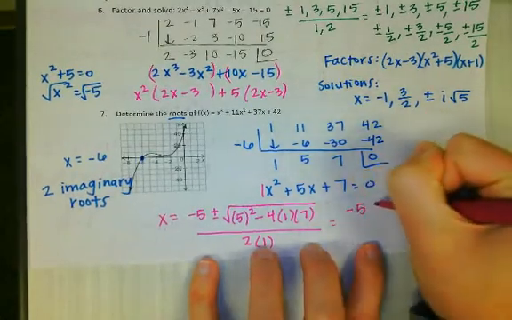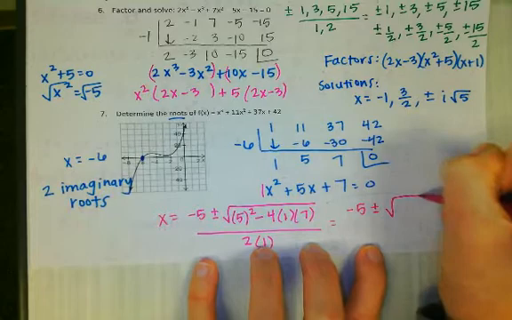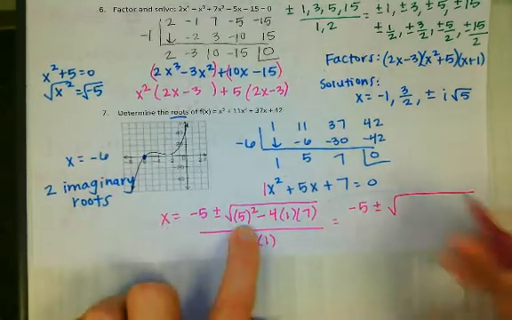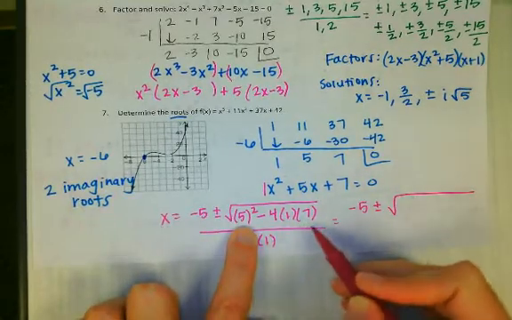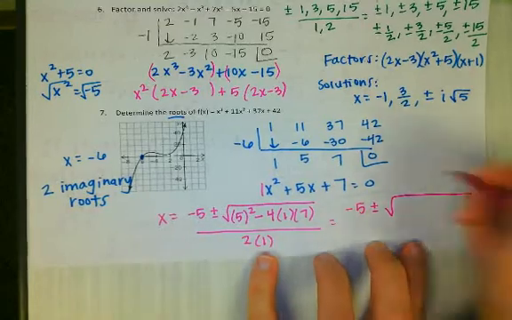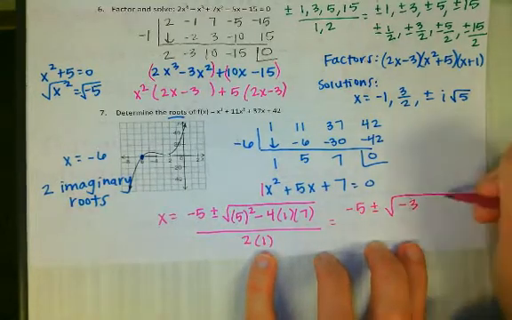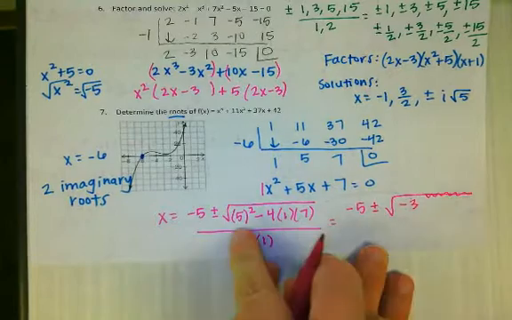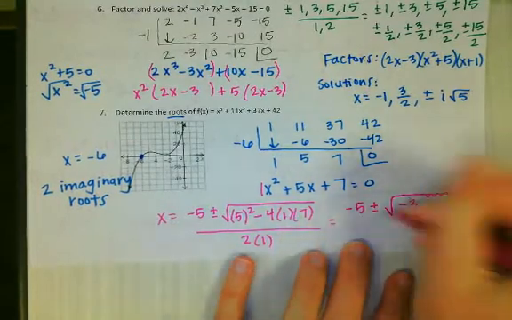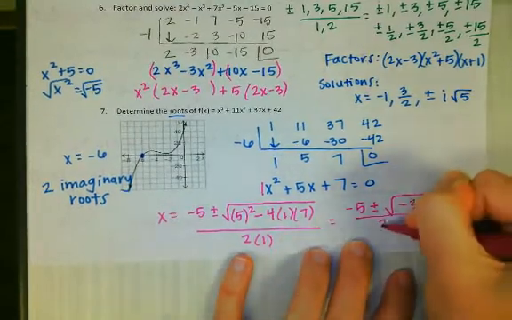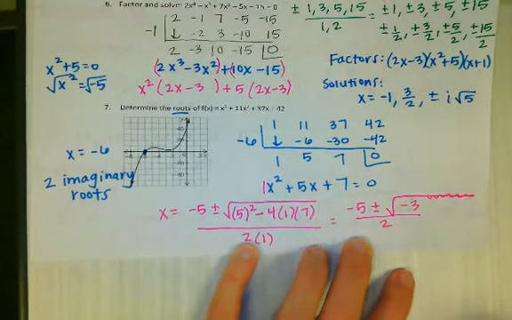So negative 5 plus or minus the square root. What do I have? 25 minus 28. Oh, I probably don't need that big of a square root. So 25 minus 28 would be negative 3 all over 2 times 1.